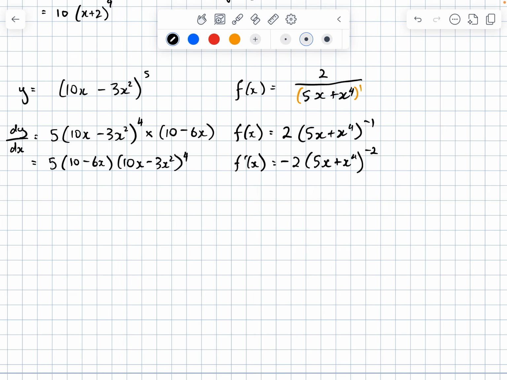That's the outside function differentiated. Then I'm times by the inside function differentiated, that is 5 plus 4x to the power of 3. To simplify, anything without a negative power can stay on top, so that's the -2 and the (5 plus 4x to the power of 3). And then the bracket with the negative power can go to the bottom, by saying (5x plus x to the power of 4) to the power of 2.